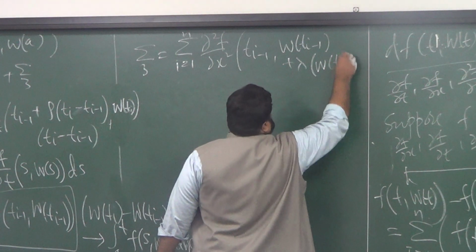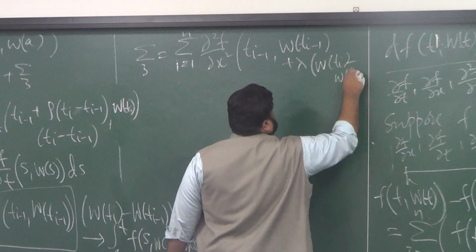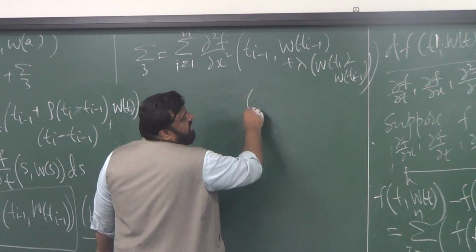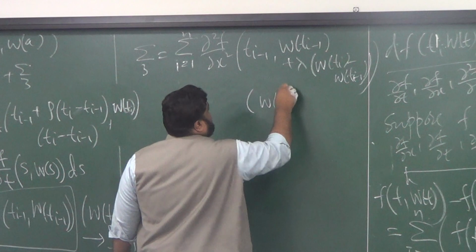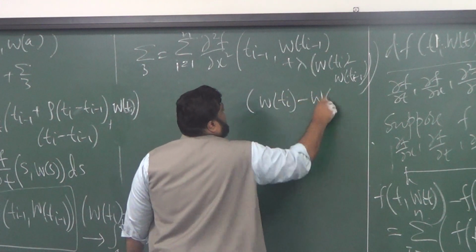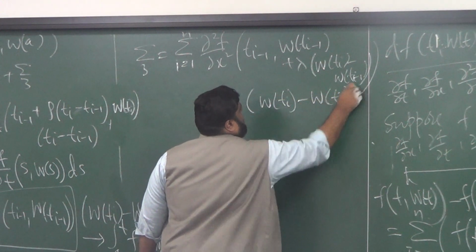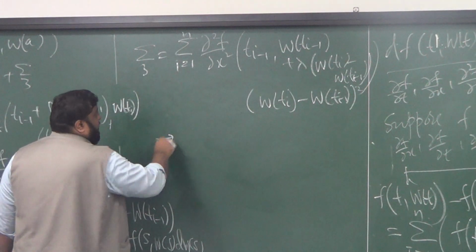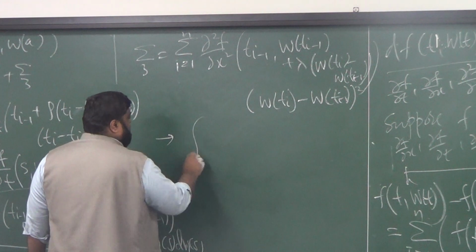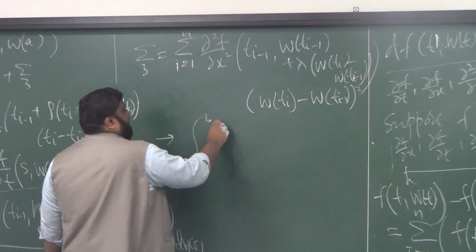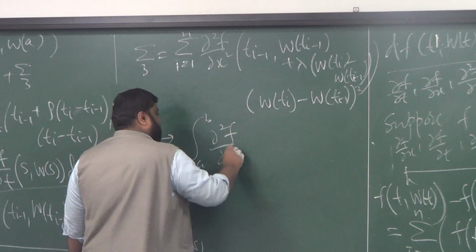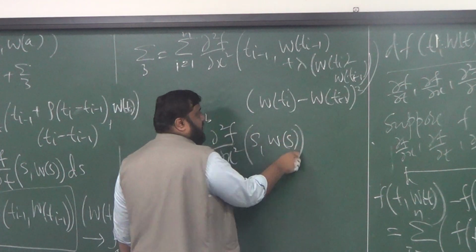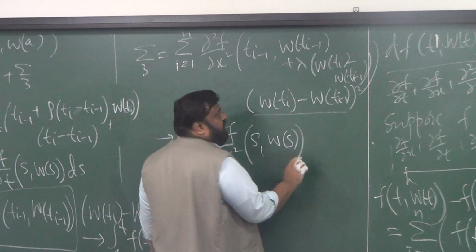So w of ti minus w of ti minus 1, times w of ti minus w of ti minus 1, squared. Intuitively, if you take the limit, this is going to be the integral from a to t of the second order derivative with respect to x, evaluated at s, w of s, and this would be a Riemann integral.